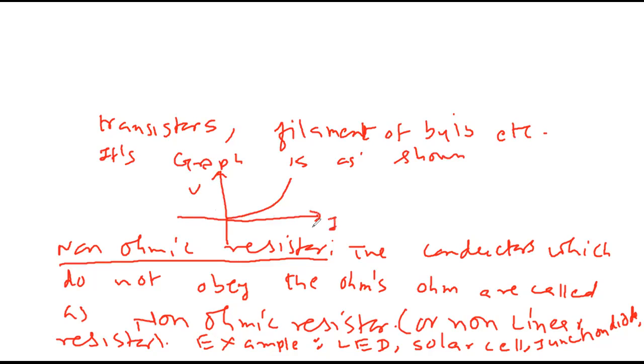The V against I graph is a curve. Wherever you want to find resistance, you have to draw a tangent at that point. Like if I draw a tangent here, then this is delta V and this is delta I. That is called R actually.